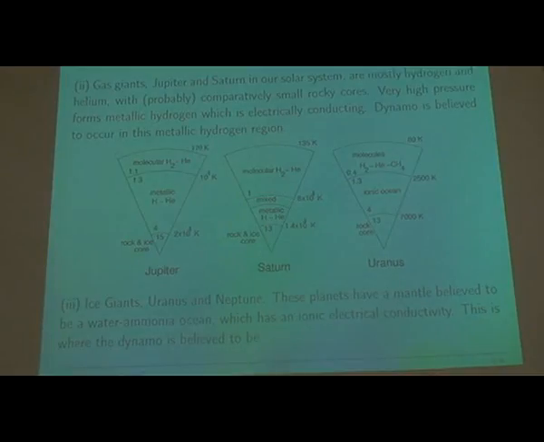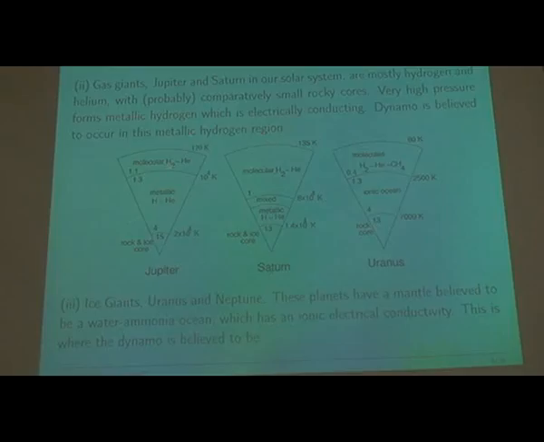Now let's have a look at the gas giants. Let's have a look at the internal structure of the giant planets, because where it's fairly clear where the dynamo action is inside the Earth, it's certainly inside the fluid outer core. It couldn't possibly be anywhere else, basically. The situation is not quite so clear in Jupiter and Saturn, and Uranus is one of the two ice giants, the other one being Neptune.